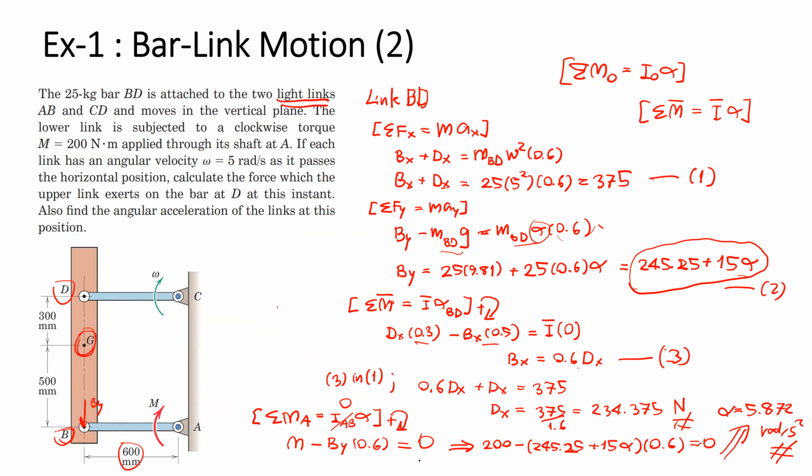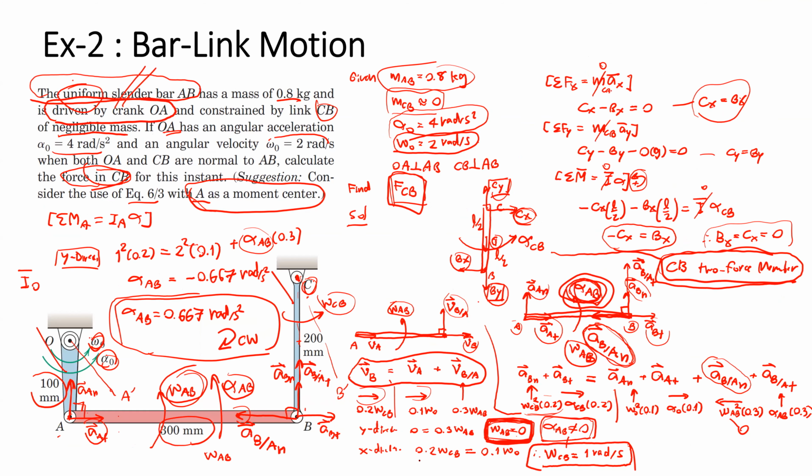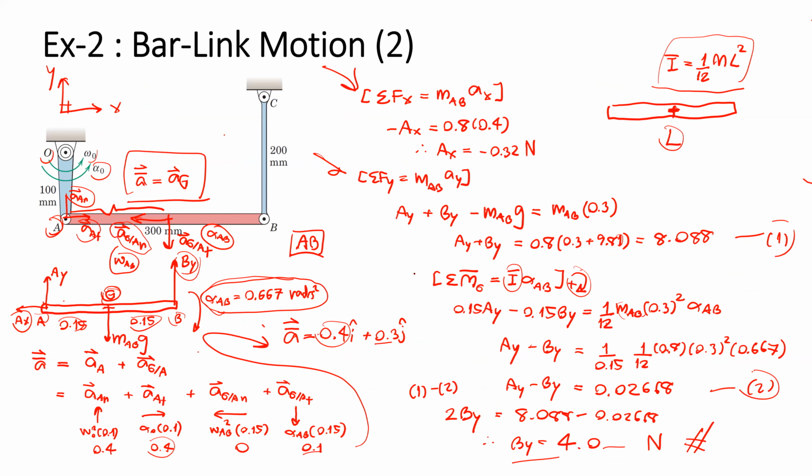But if it's not easy, we need to go back to our previous knowledge on the kinematic relationship, the relative velocity and relative acceleration, to obtain omega and alpha, and we apply the equilibrium of force and moment equations. For general plane motion, we select the reference point at the center of gravity of the link.